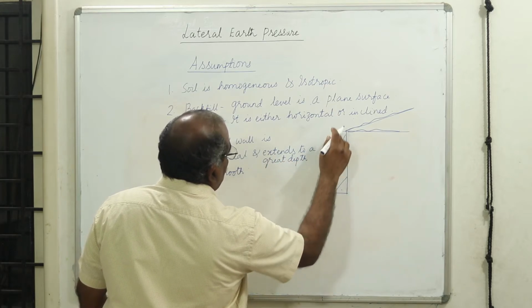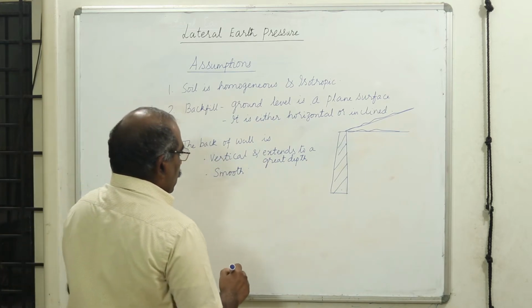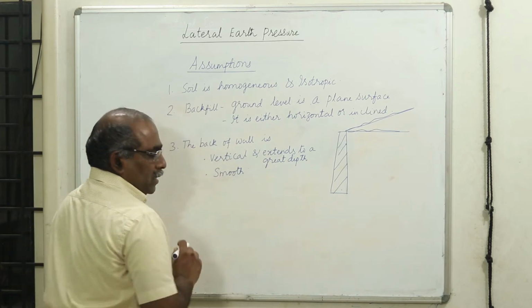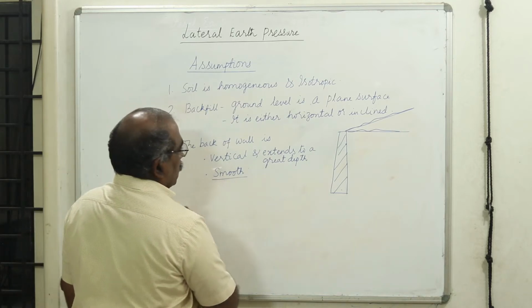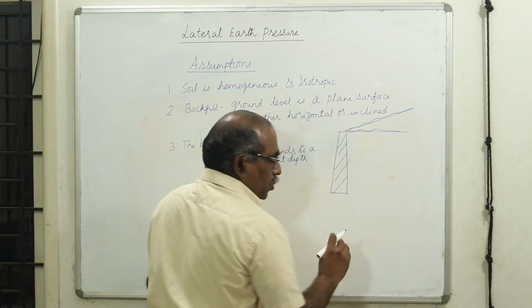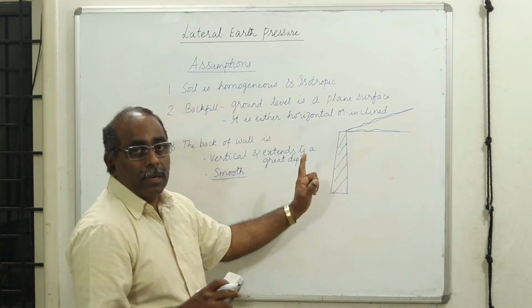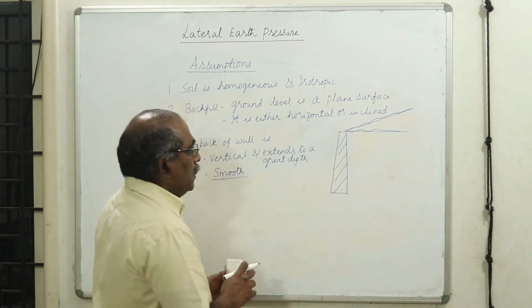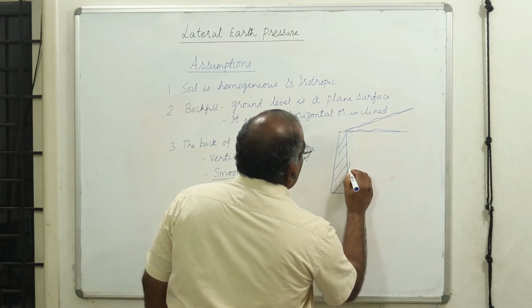Hence, it is not a small retaining wall, it has sufficient length. What is the physical significance of these two assumptions, especially this assumption? Practically, you cannot expect any material to be perfectly smooth, it is not at all possible. You will have some friction. The assumption is made to simplify.